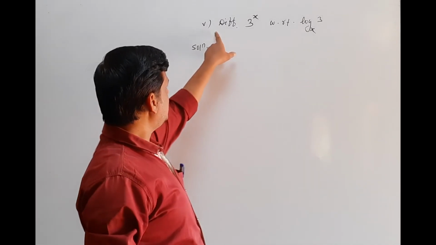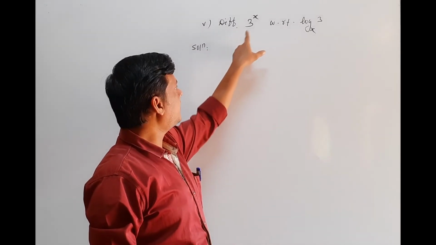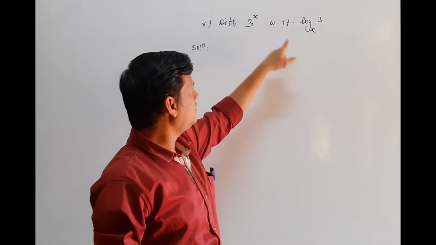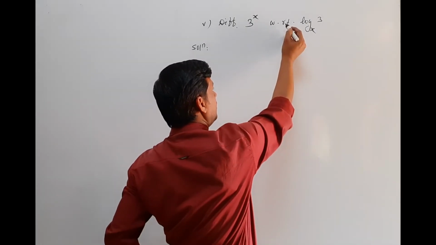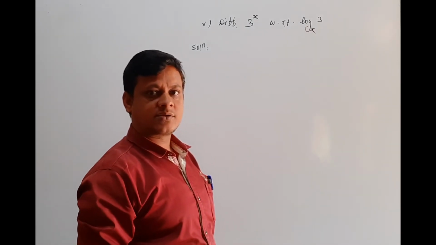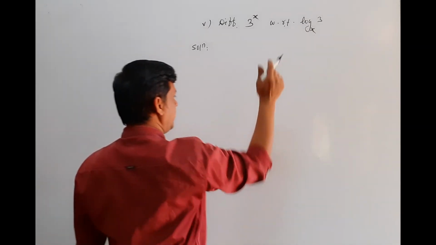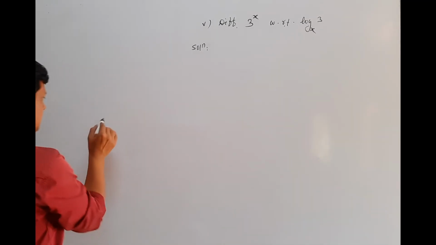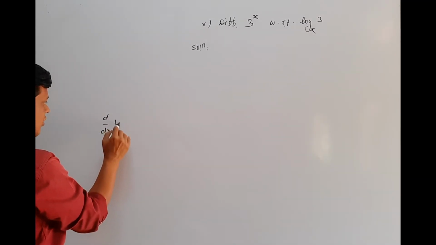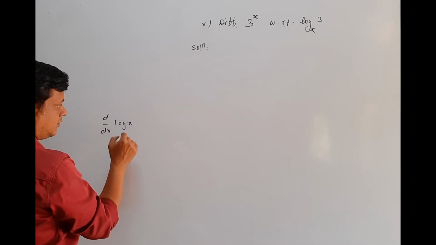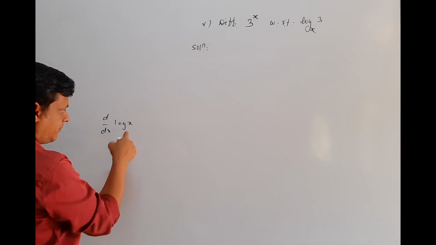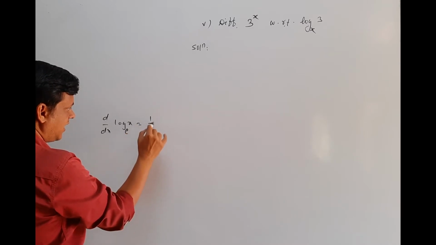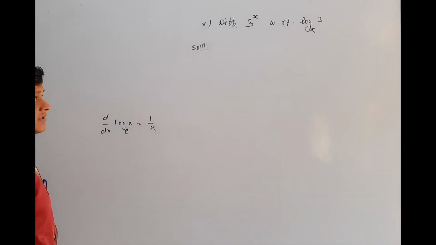Now see sub question 5. Differentiate 3 raised to the power x with respect to log 3 to the base x. So we know that first we find the derivative of log x with respect to x when base is e, and the derivative we get is 1 by x.